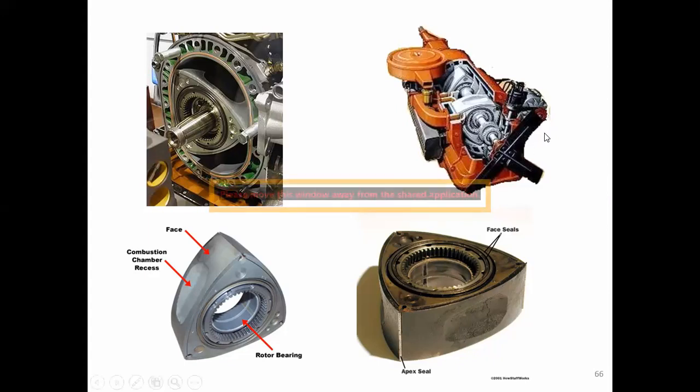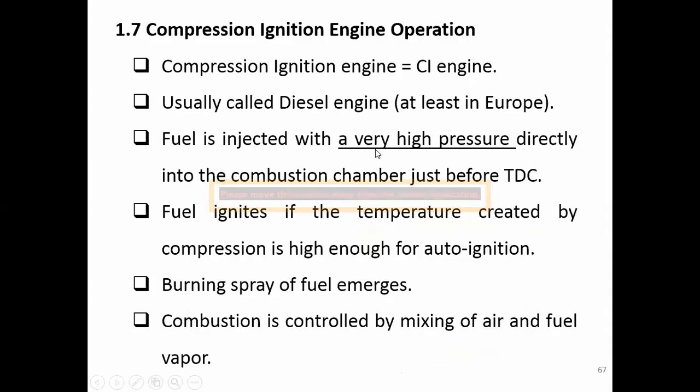Mazda. Oh, correct. Mazda is the only one. I still do not know why other car manufacturers don't go for the rotary engine. Only Mazda has been doing this, I think for more than 40 years. Okay, so I think that will be the end of our lecture today.